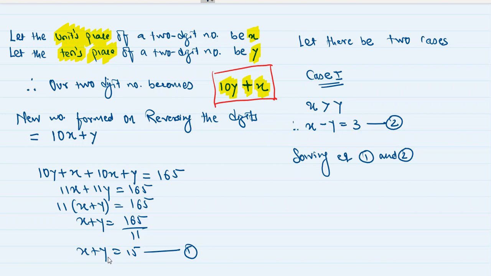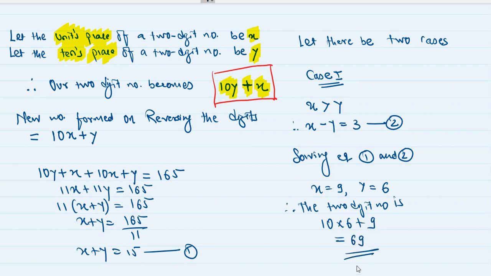If y is 6, then x will be 9. So solving equations 1 and 2, you get x is equal to 9 and y is equal to 6, and therefore the original two-digit number is 10y plus x, which is 10 into 6 plus 9, which is 69. Correct?